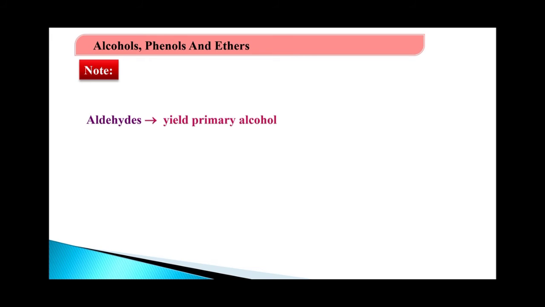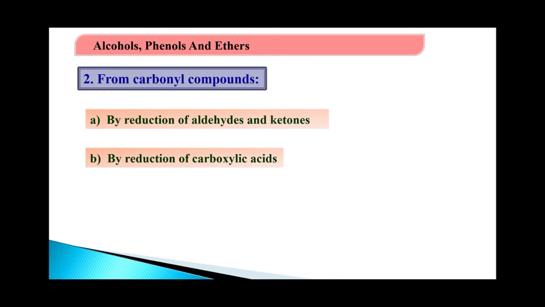Second note, already I have told you, aldehydes always lead to formation of primary alcohol, ketones lead to formation of secondary alcohol. Second one, from carbonyl compounds by reduction of the carboxylic acids.